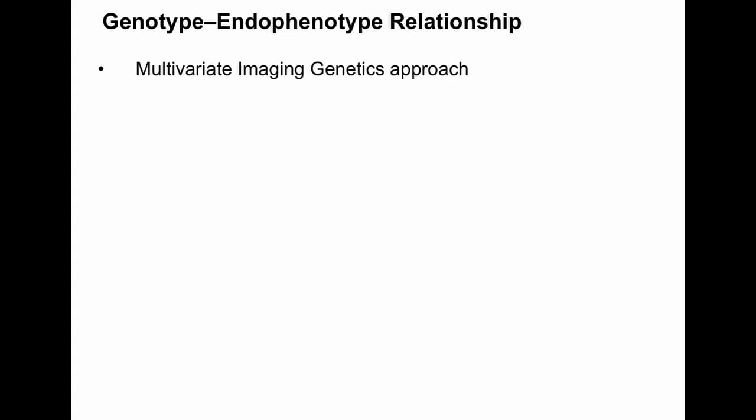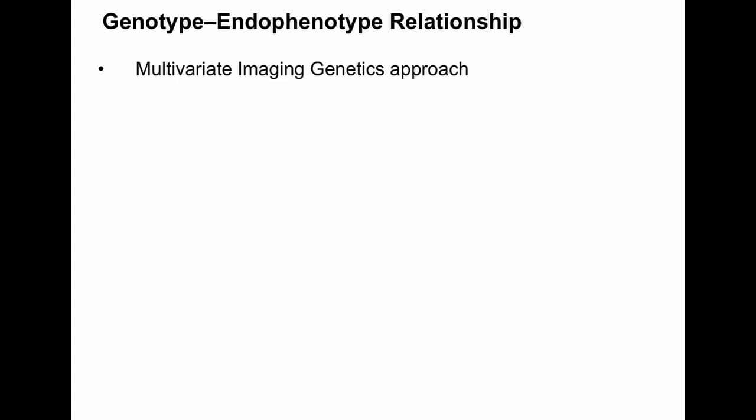So we thought, okay, if you think about it, the hypothesis that almost every researcher would have is that it's not a single genetic variant that would affect depression or the brain in the end, but actually the multivariate pattern of multiple genes.